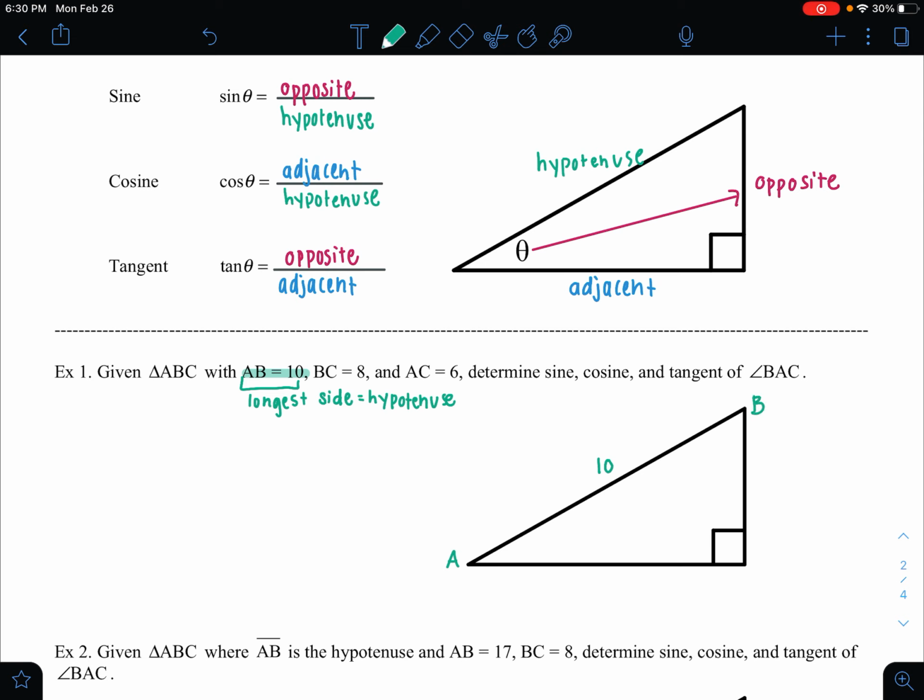And if that's labeled AB, then we know our final side has to be C. So let's go ahead and do our labels. Now, again, it says of BAC. That means that you are looking from the vantage point of A. So go ahead and do your sine, cosine, and tangent for this right triangle. So pause it.